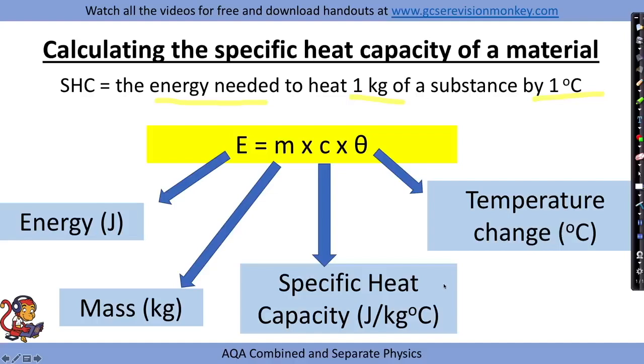So the good news is that you don't have to learn this equation. They will give you this one on the equation sheet. However, for this practical, we are going to be calculating specific heat capacity, which is the C part here.